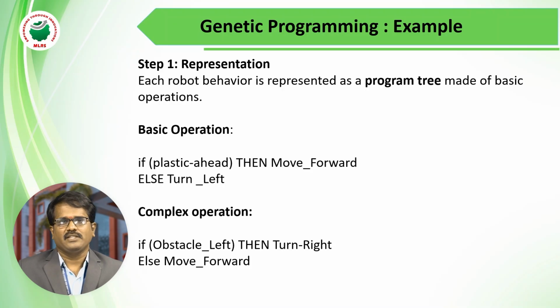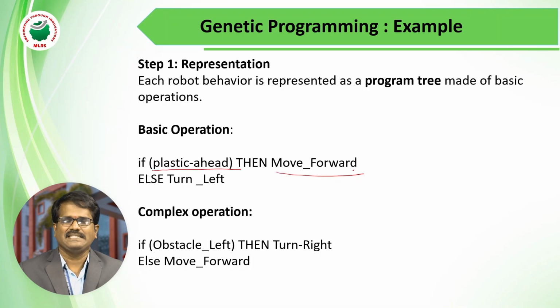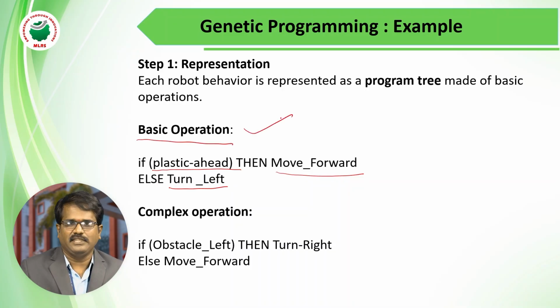Here, the basic operation is: if plastic is ahead, then move forward. Else, turn left. We can write turn right or turn back also. But the basic operation is: if plastic is ahead, then move forward.